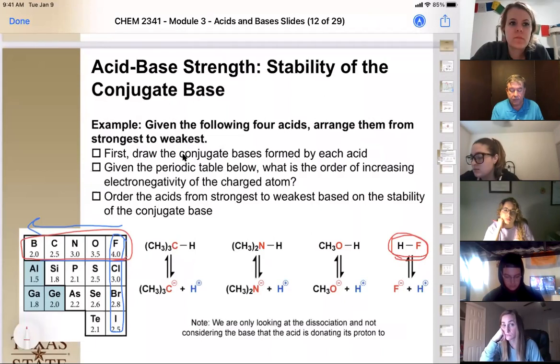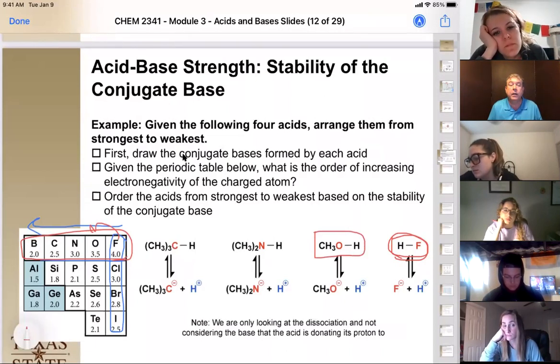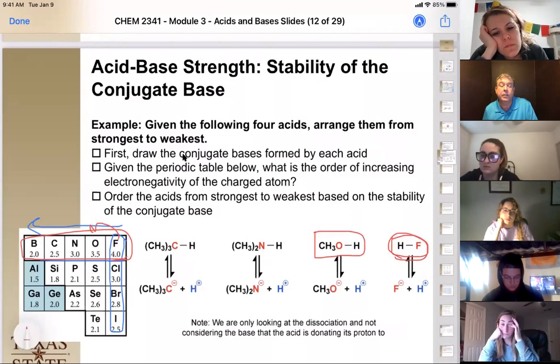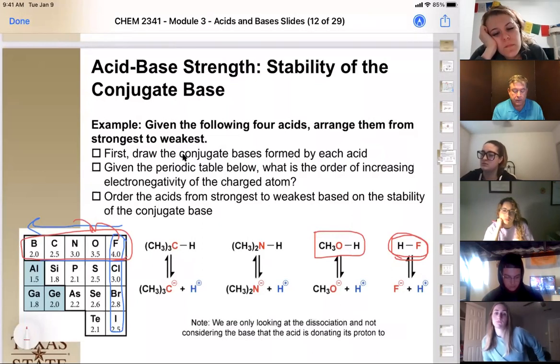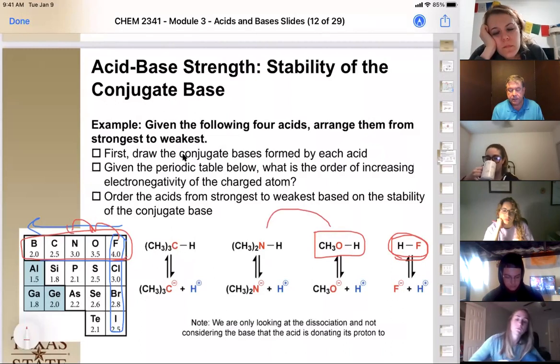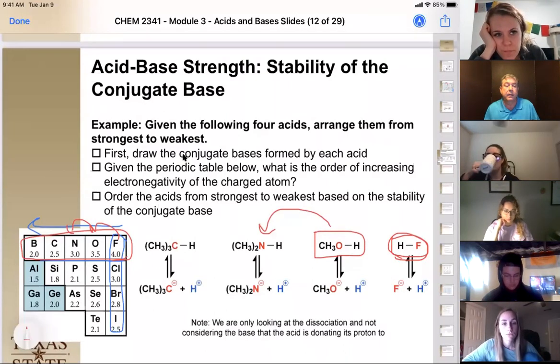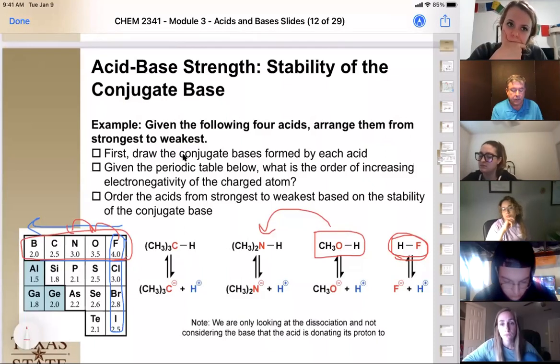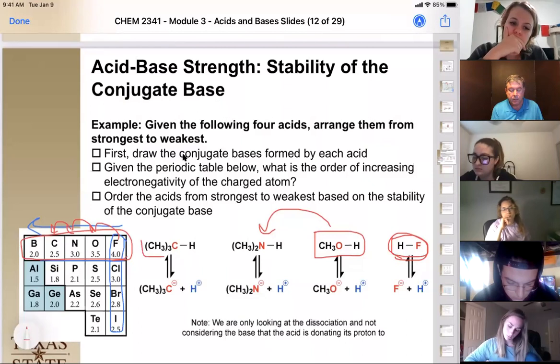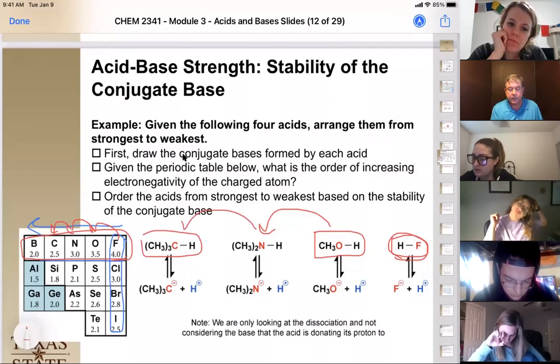If we move over one, that's going to make the hydrogen on this oxygen atom, in this case of alcohol, less acidic than the hydrogen on the hydrogen fluoride. And then when we move over one more, this is going to be less acidic than the one that was the oxygen. And our next one over is our carbon, which is going to be less acidic than our nitrogen.